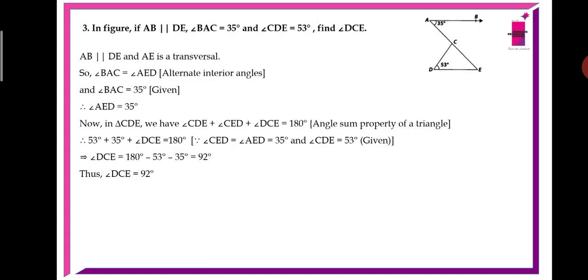You can write the reason as, since angle CED equals angle AED equals 35 degrees and angle CDE equals 53 degrees, it's given data. Then angle DCE equals 180 degrees minus 53 minus 35, which equals 180 minus 88, so that equals 92 degrees. Thus angle DCE equals 92 degrees.